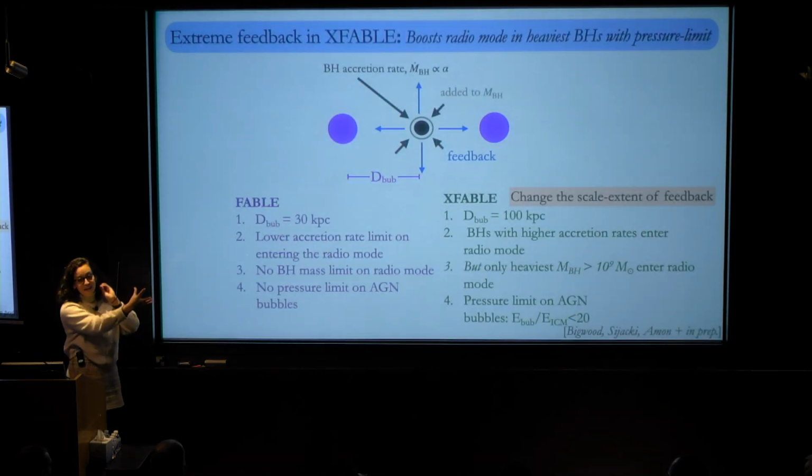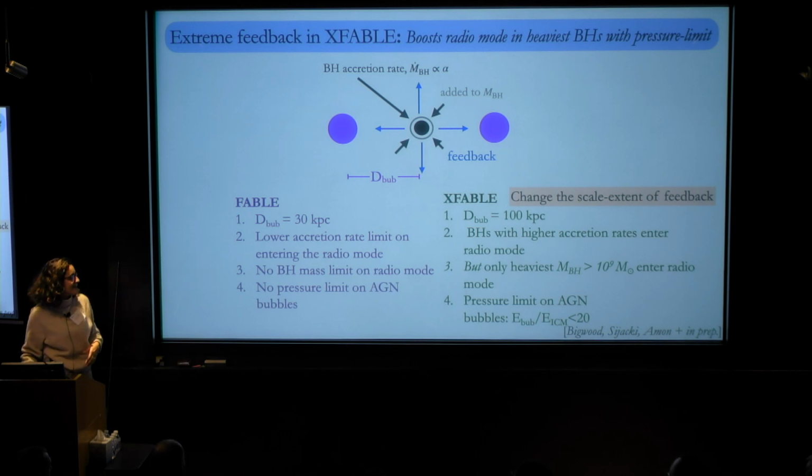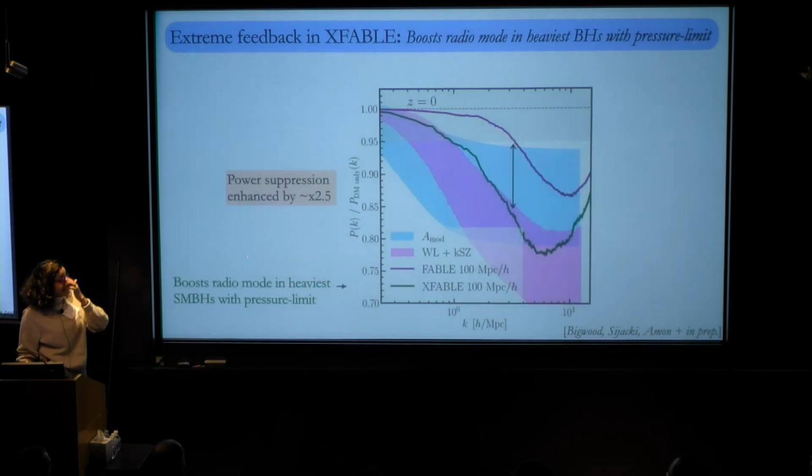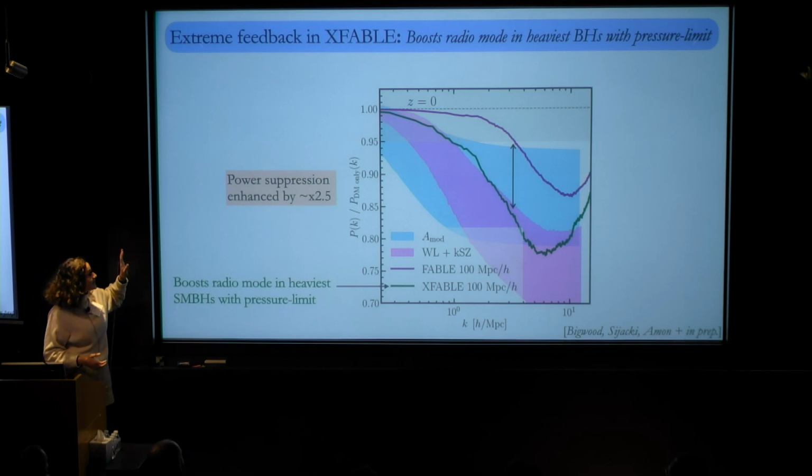And we blew that up. We also changed slightly which halos were going into this mode, how easily they could enter this mode. And indeed, in this simulation, just trying 50 different boxes, it wasn't that many, and picking things out of a hat almost, we could more than double the power suppression in this simulation.